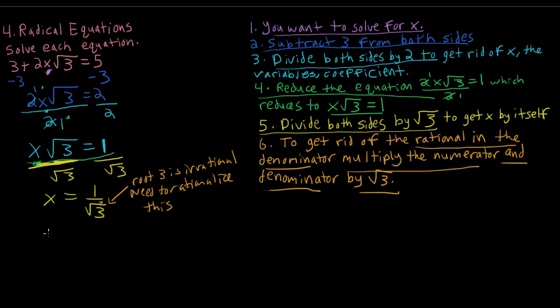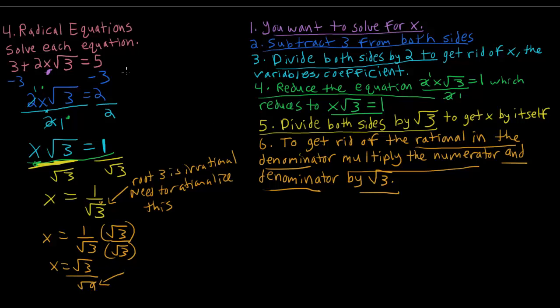If we multiply the numerator and the denominator by root 3, we end up with x equals 1 times root 3, which is just root 3, and then root 3 times root 3 is root 9. Root 3 is simplified, but root 9 isn't.